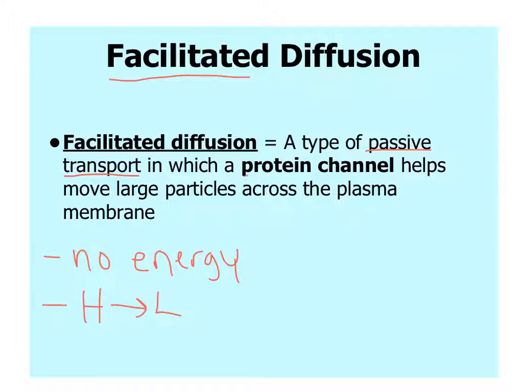That is, these things need help. They need a channel or a carrier protein. They need some sort of door to allow these large particles to cross the cell membrane. So it's exactly the same as simple diffusion. We just need a protein. We need either a channel protein or a carrier protein to allow these molecules to come in and out of the cell.